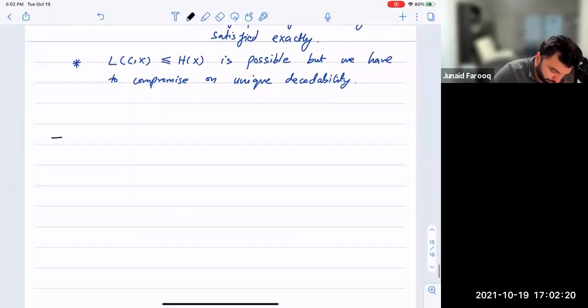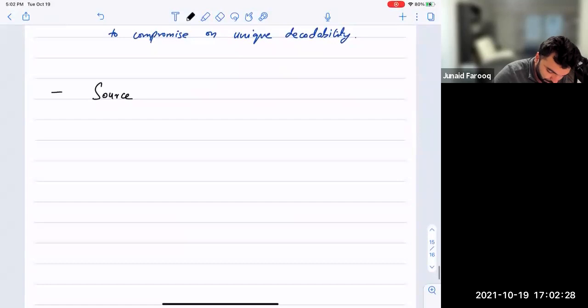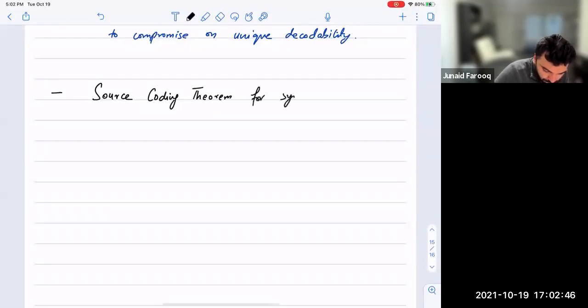The third main thing is the source coding theorem, which we haven't seen explicitly, but it's a straightforward idea, and I'm going to put it here. It's the source coding theorem for symbol codes.